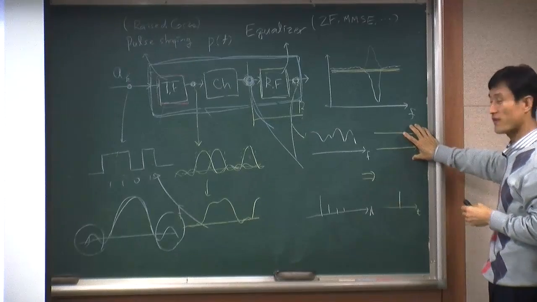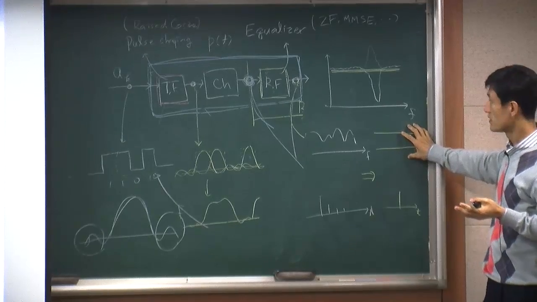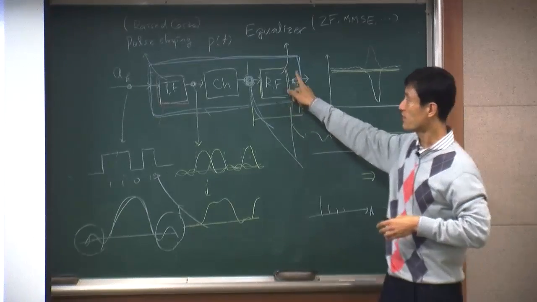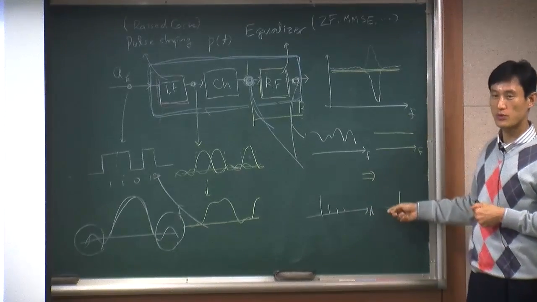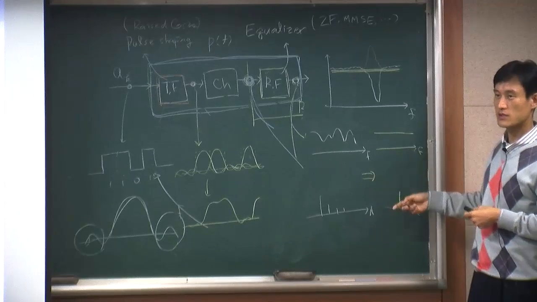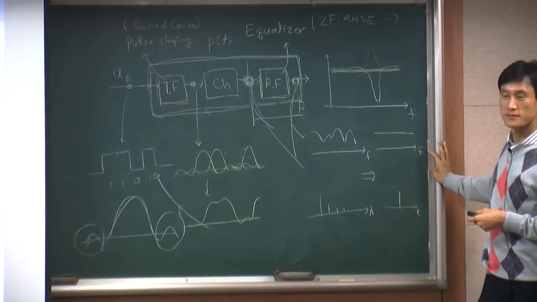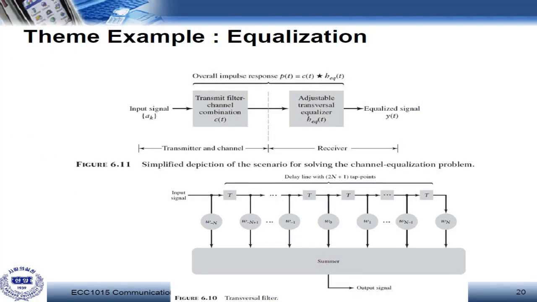Once you have this perfect input-output time and frequency response, if we get this output here, that means we have perfectly made this Nyquist channel, because that is the Nyquist channel we wanted, right? So that is equalization. Okay, that's the basic idea of an equalizer. Does it make sense?